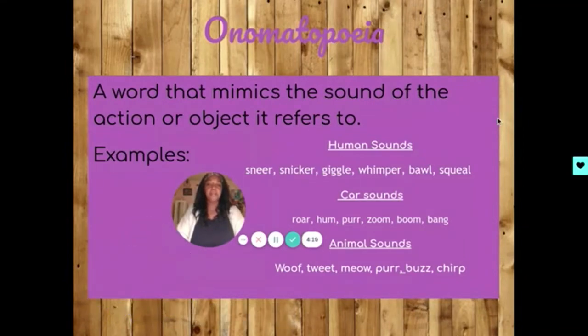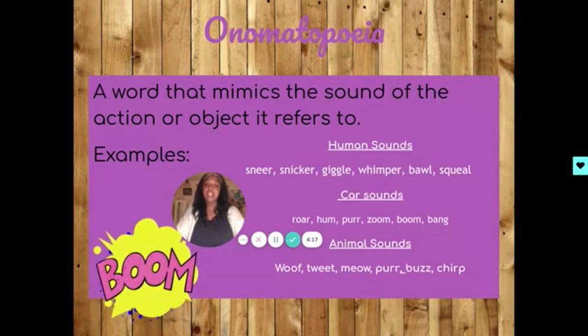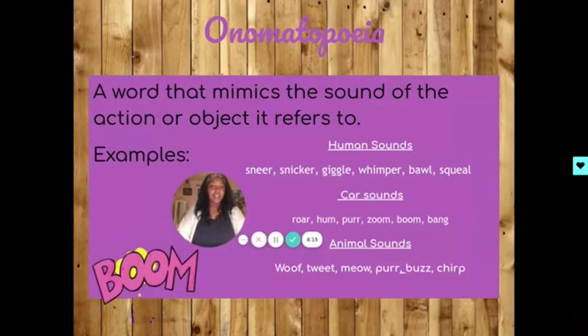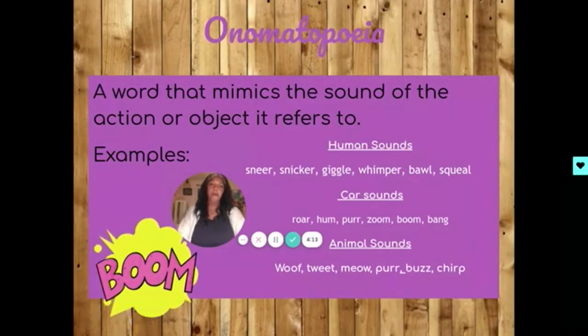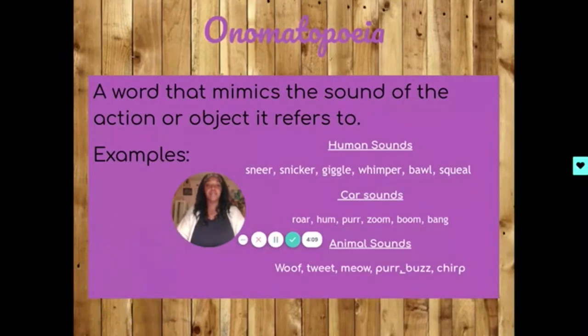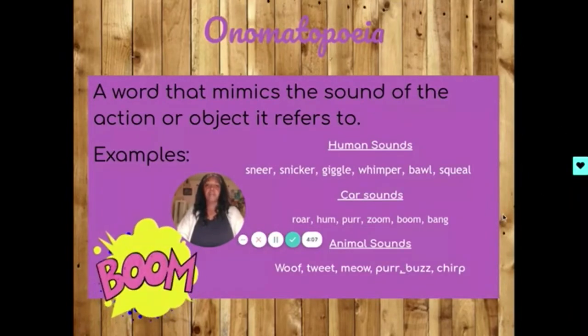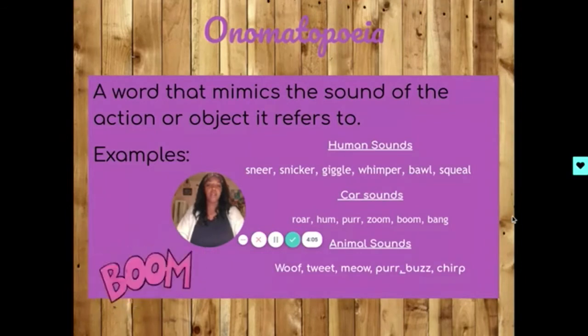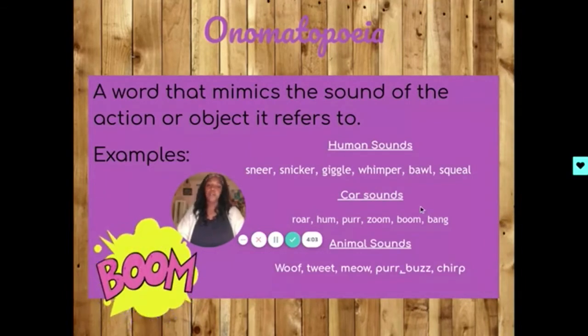So an onomatopoeia sound would be like a sneer, a snicker, a giggle, whimper, bawl, squeal. So it's giving a sound to an action. Like a car driving by might roar or hum or purr or zoom or make a boom or a bang.